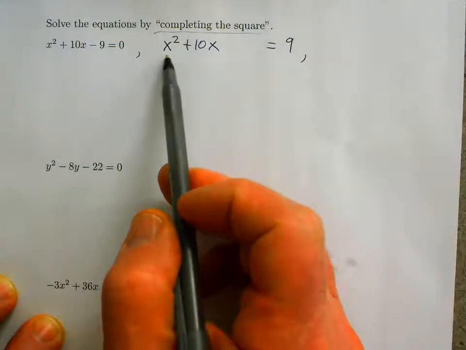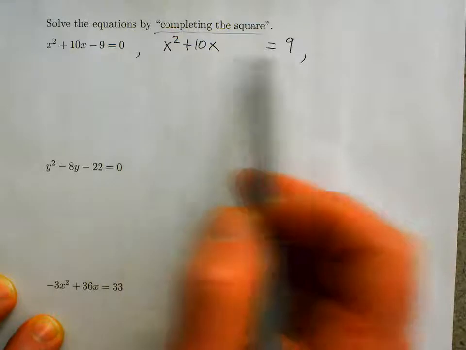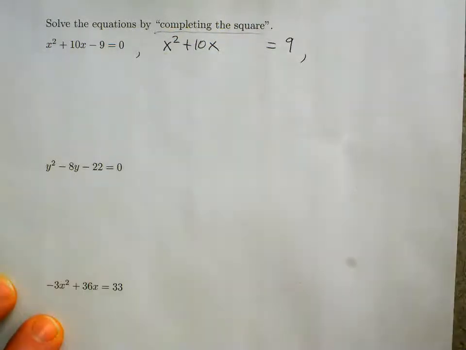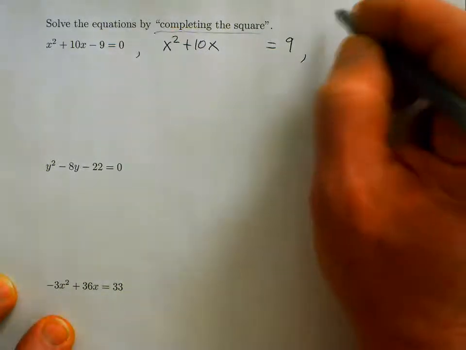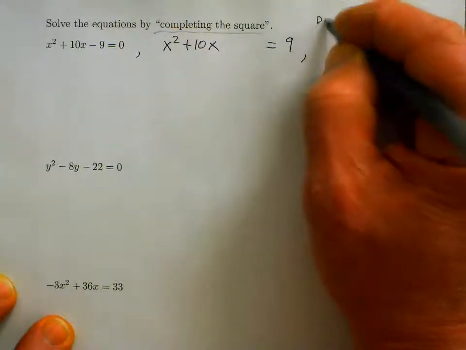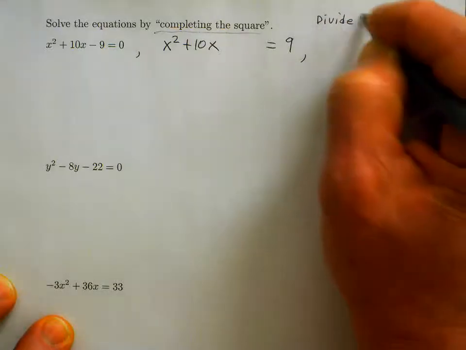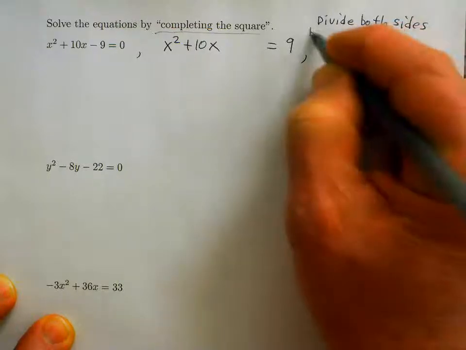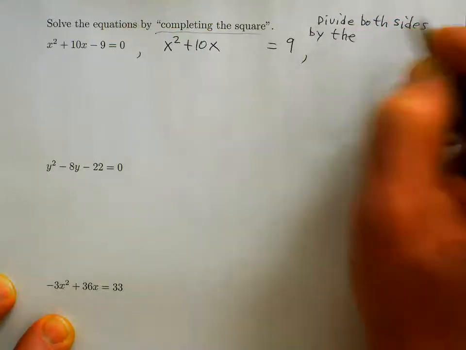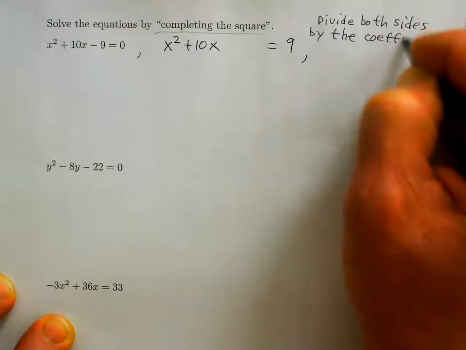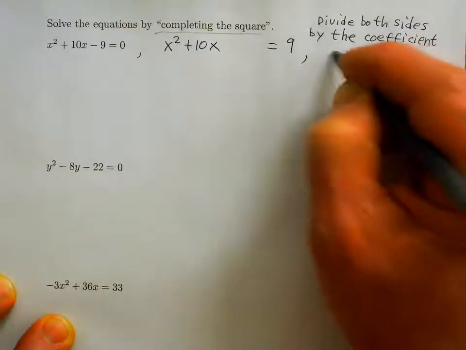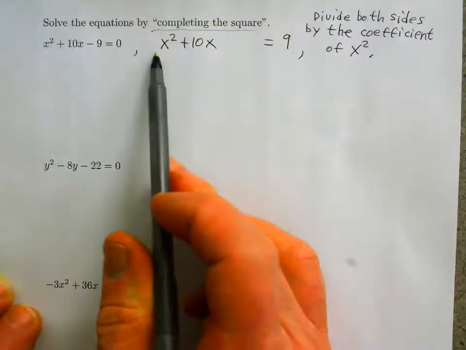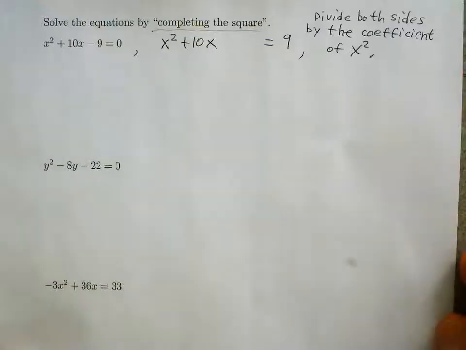The next step is to divide every term on both sides of the equation by the coefficient of x squared. So in general, that's what we want to do. Divide both sides by the coefficient of x squared. When the coefficient of x squared is 1, dividing by 1 doesn't change anything.